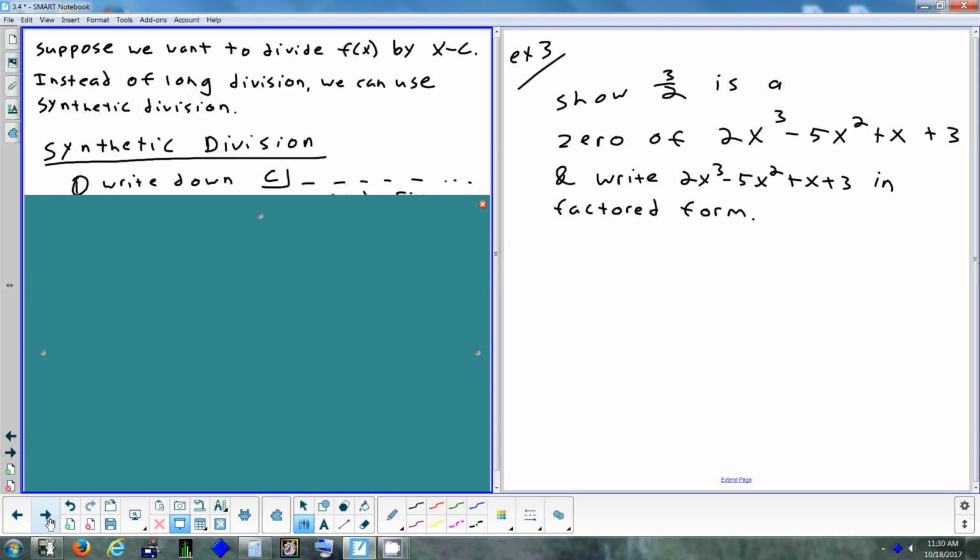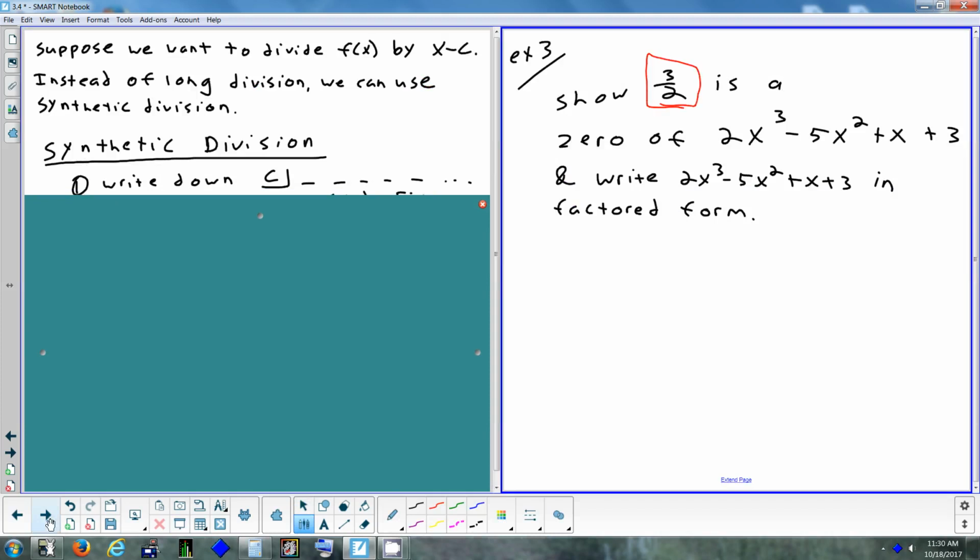All right, so we've mentioned a couple things that are similar, statements that mean the same thing. If 3/2 is a root, or if 3/2 is a 0, what else does that mean? It means it's an x-intercept, but I'm looking for the other one. X minus that is a factor.